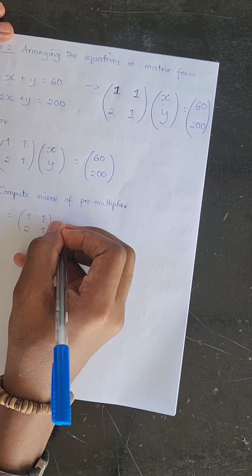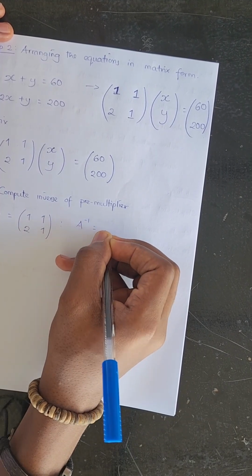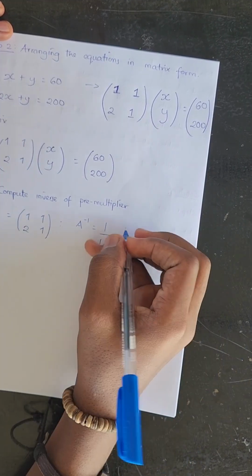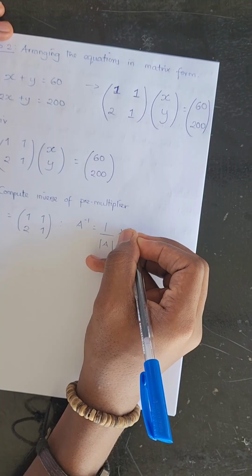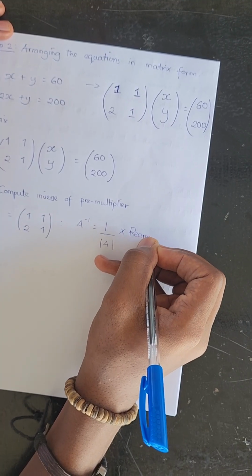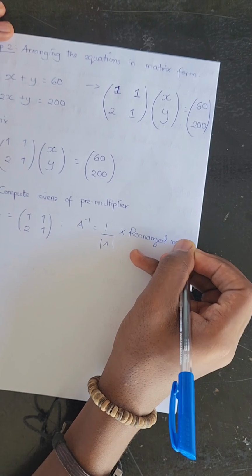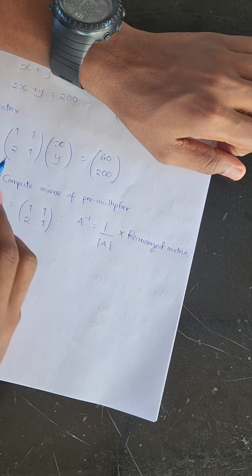Okay, therefore the inverse of matrix A equals 1 over the determinant of A times the rearranged matrix. So let's rearrange this matrix.